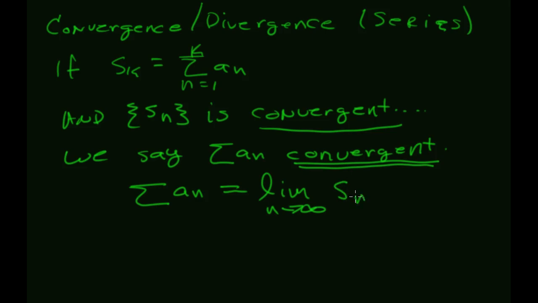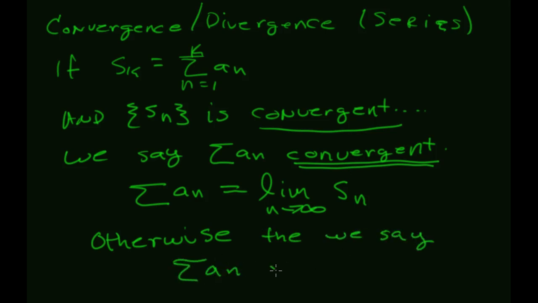So if I take the limit of the partial sums, I get the value of the series, and that would be when the series is convergent. Otherwise, if the sequence of partial sums is not convergent, then we say the series diverges.